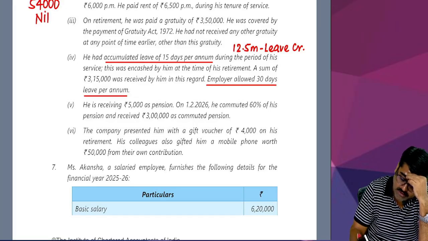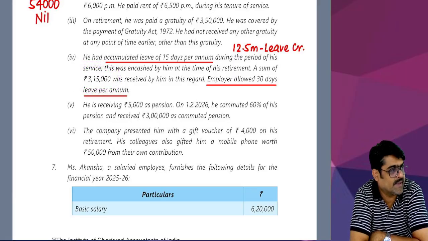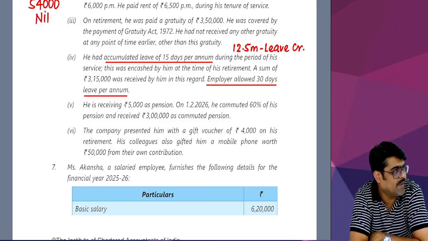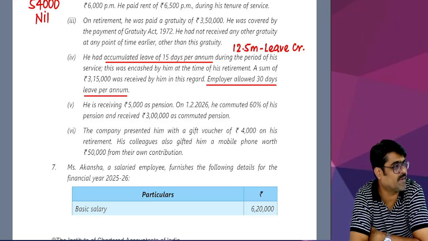So now tell me one thing. How much leave encashment are you getting? Out of that, some leave encashment will be exempt. How much? A, actual amount 3,15,000. B, maximum limit 25 lakhs. C, 10 months into average salary. Average salary is 25,000 only, no? So 10 into 25,000 will be 2,50,000.